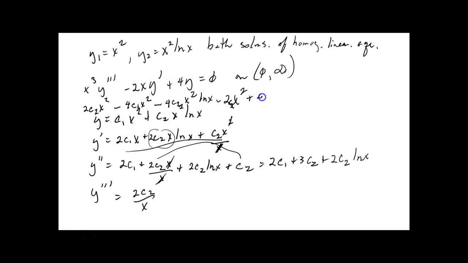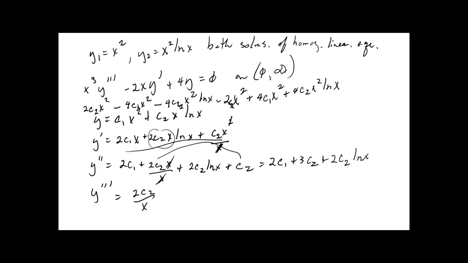Well, that's 4c1 x squared plus 4c2 x squared log x. Is that minus 2c2 x squared? Yes, right here. Yeah, minus 2c2 x squared. I left off the c2 when I was writing it down.